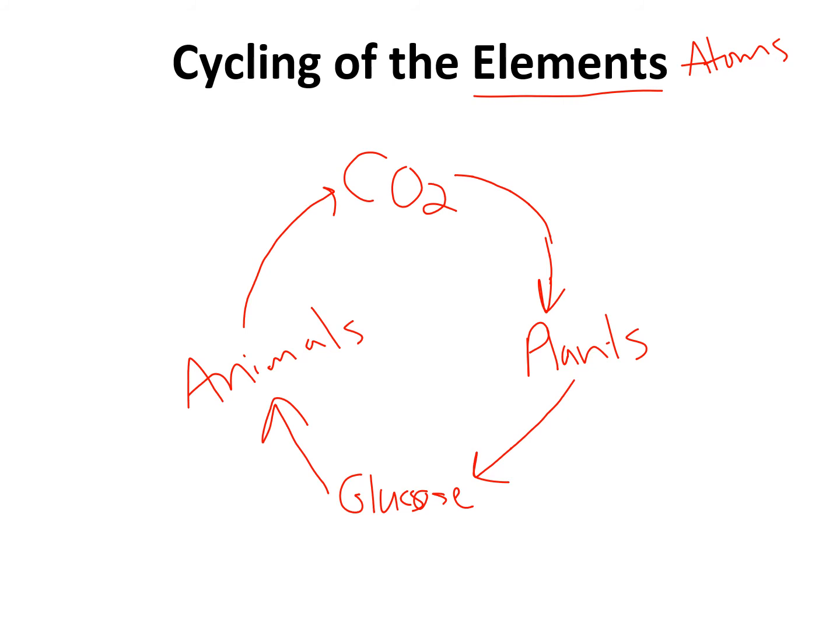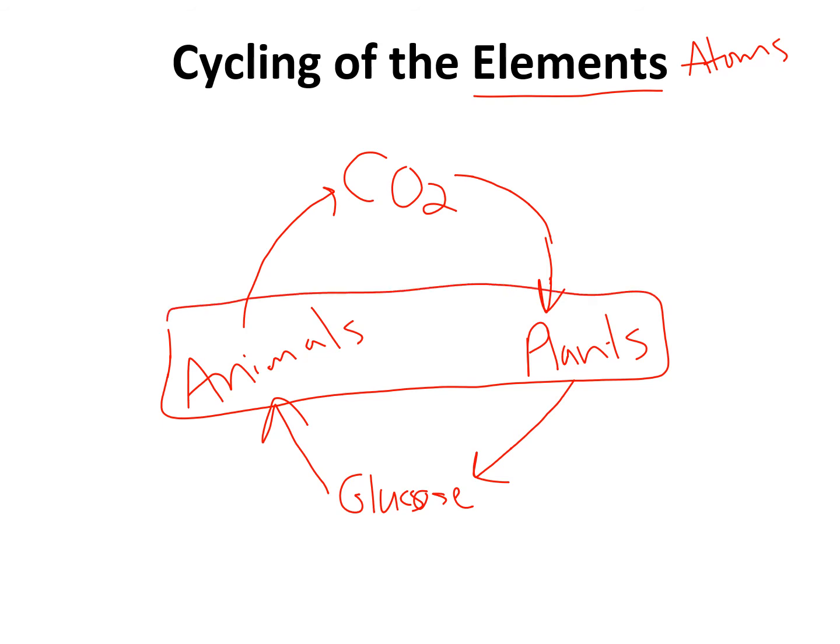So that is part of the carbon cycle, but the other part of the carbon cycle involves the carbon that is in the animal and plant structure. So in their bodies, in their structure. When the animals and plants die, then those structures go through decomposition. They are broken down, and that is usually done by fungi and some types of bacteria.